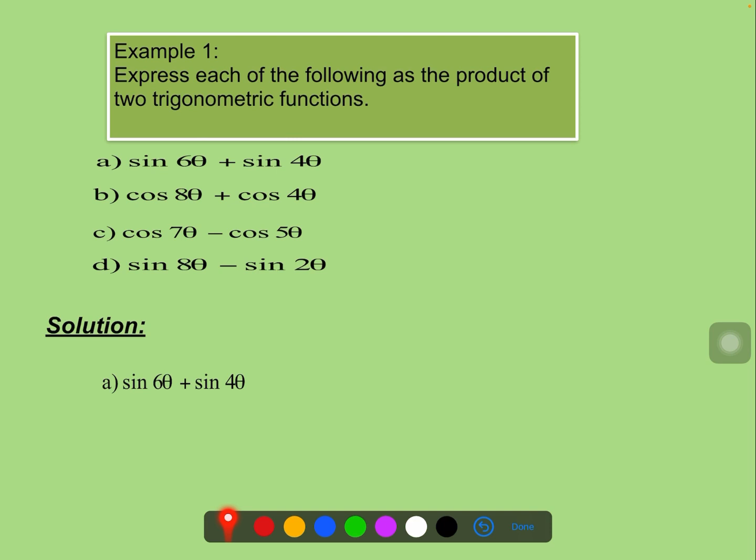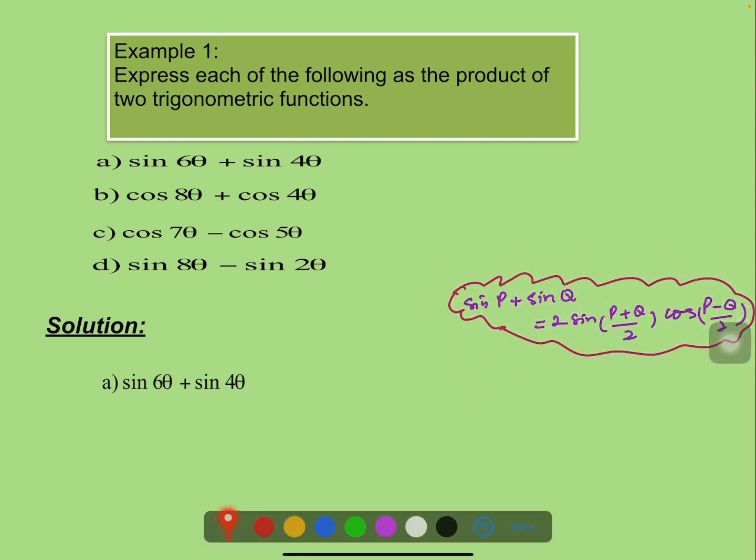Sine 6 theta plus sine 4 theta. So we can apply this formula: sine P plus sine Q is 2 sine (P plus Q over 2) cos (P minus Q over 2).